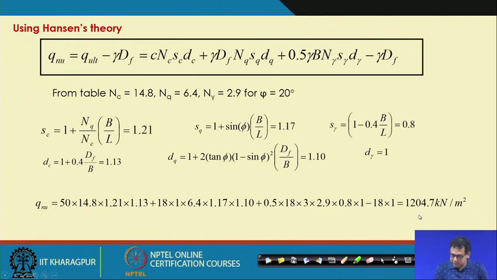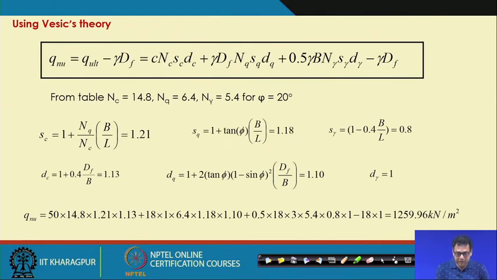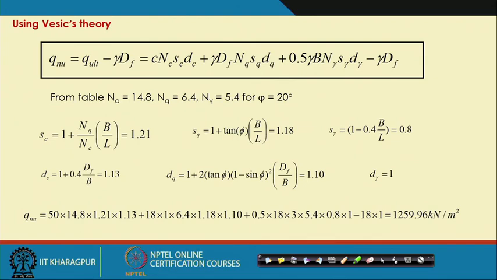Similarly, for Hansen's theory I am getting 1204.7, and then I am using Vesic's theory, where this is not an inclined or eccentric load; this is the same problem with vertical loading. So, all dimensions are the actual dimensions B and L, and there is no eccentricity and no inclination, so the inclination factors are also not calculated, because inclination is not there.